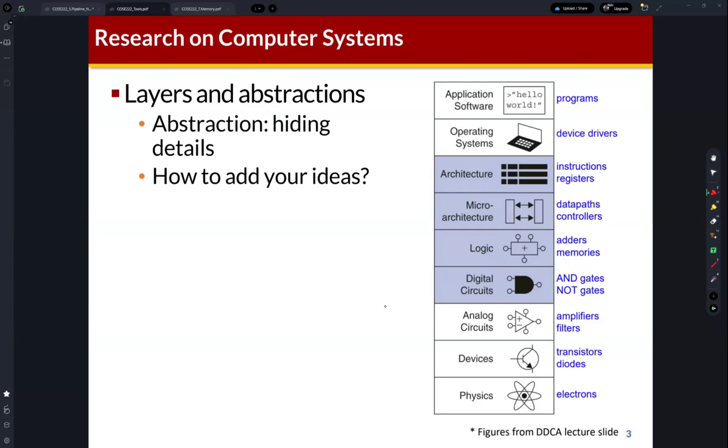The hardware is hardware, right? So in most cases we cannot modify computer hardware. Then how can we work on computer architecture research?